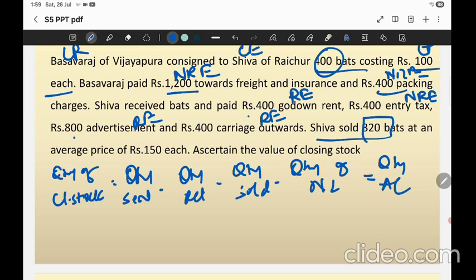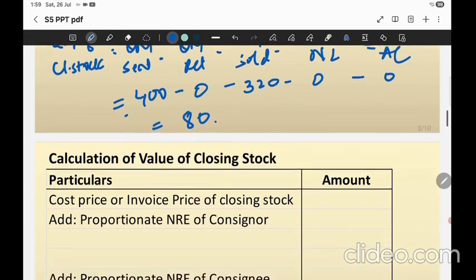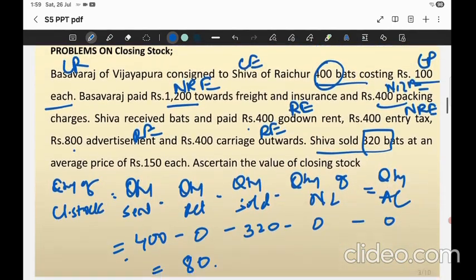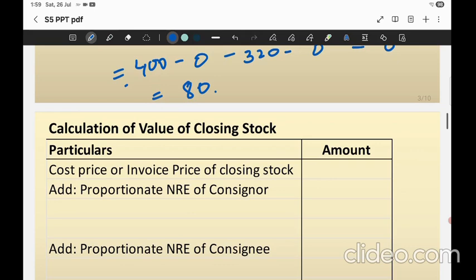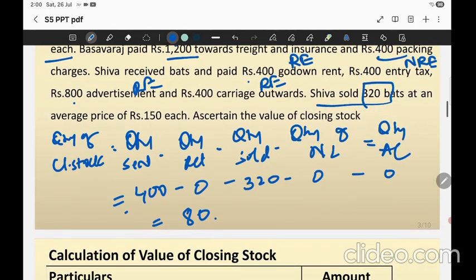Here, the quantity sent was 400 bats. Nothing is returned. The total sold is 320. No information about normal or abnormal loss. So my closing stock units will be 80. This is the working note. As everything is given at cost price in this problem, the cost price of the closing stock will be 80 into, what is the cost price?